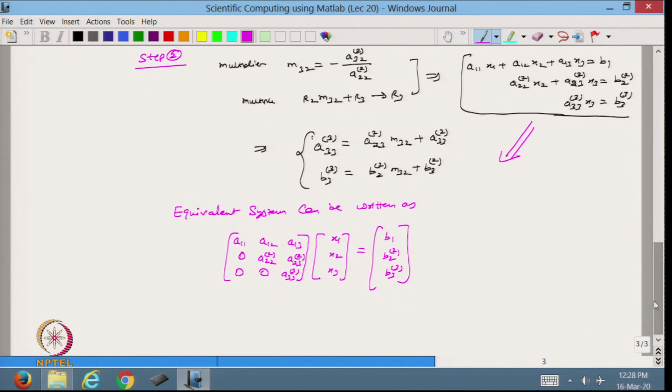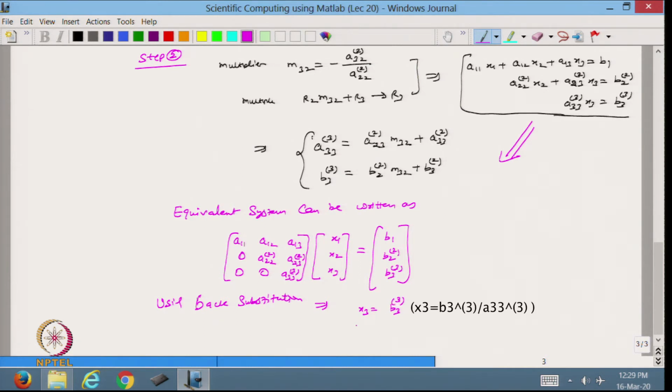Now, after getting this value, using back substitution we get x3 will be B3 divided by A33.